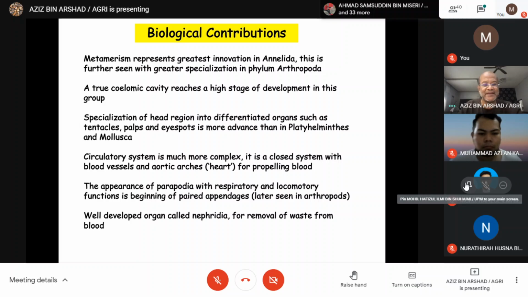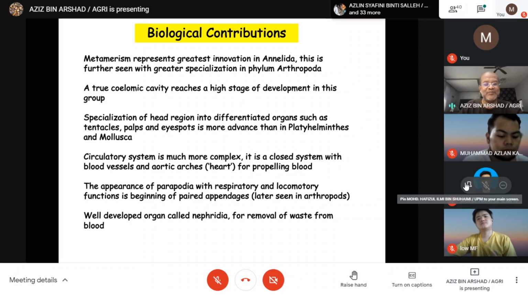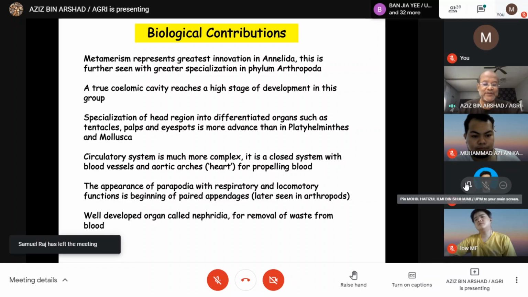True coelomic cavity is also well developed in Annelida, and the body coelom is also characteristic of higher groups of organisms, including a man like us.